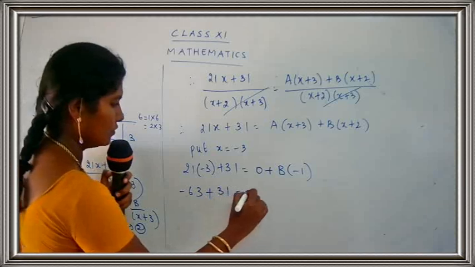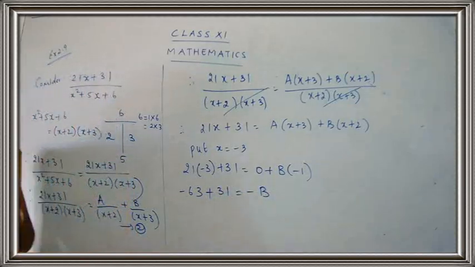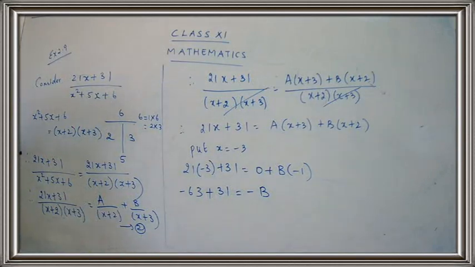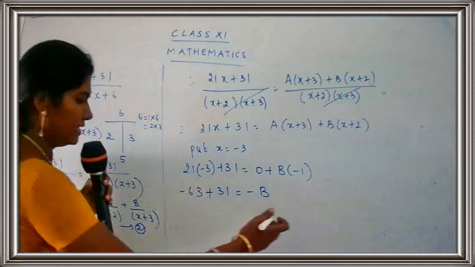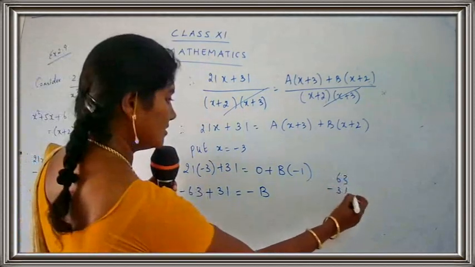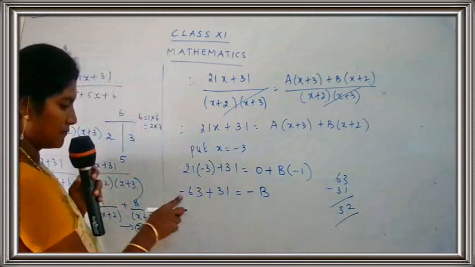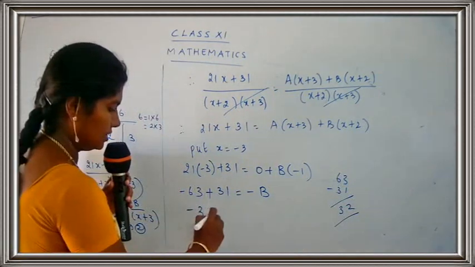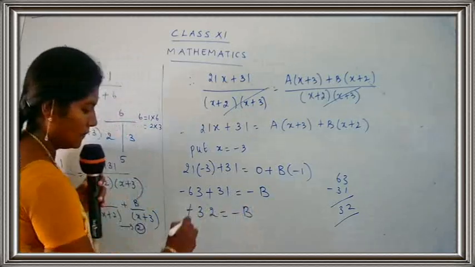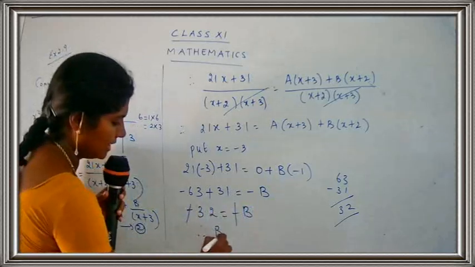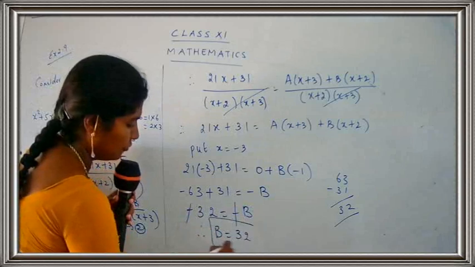Minus 63 plus 31 is equal to minus B. Let's go for the subtraction. Plus into minus, so 63 minus 31 is 32. Bigger sign is minus. So minus 32 is equal to minus B. Minus minus gets cancelled. The value for B is 32.